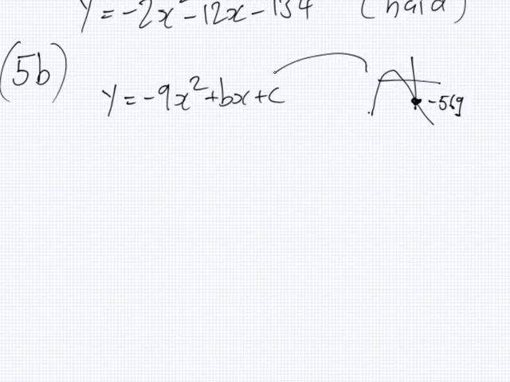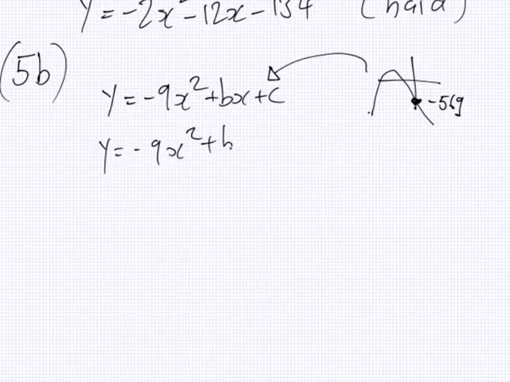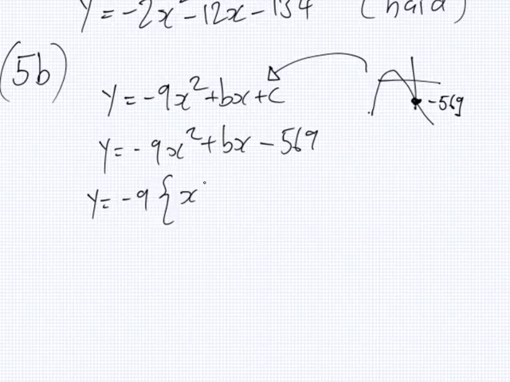So that means we know the c. Great. So y equals minus 9x squared plus bx minus 569. y equals minus 9x squared minus b over 9x plus blah blah blah.